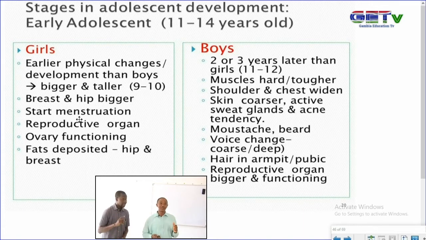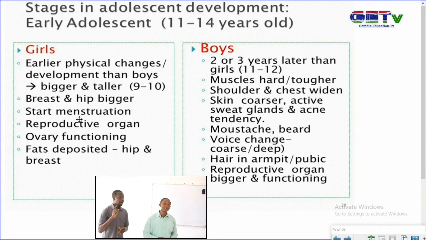But then they have to wait because some other body parts are not quite ready, they are not quite developed. And of course, the reproductive organs are also growing and maturing and becoming bigger. Then the ovary starts to function and produces eggs, and they have a lot of fat, which gives them all these curves and so on.